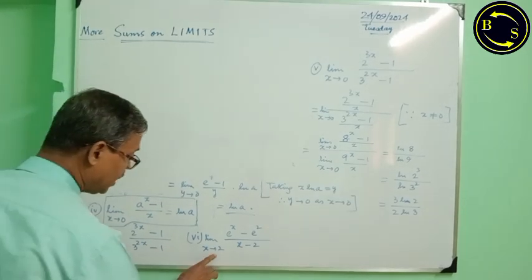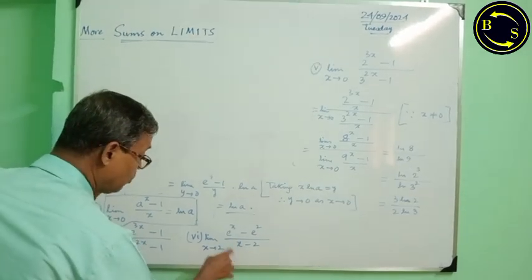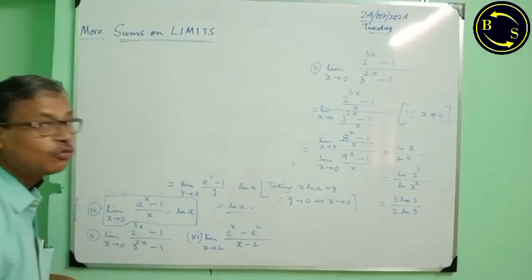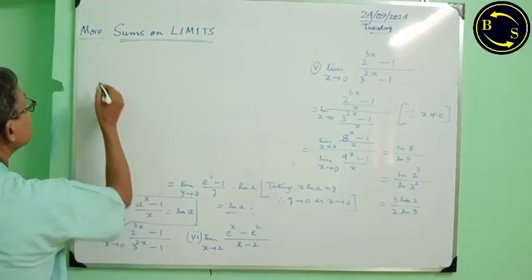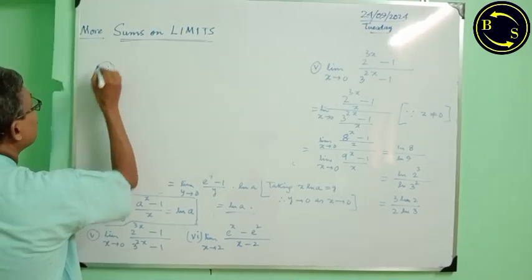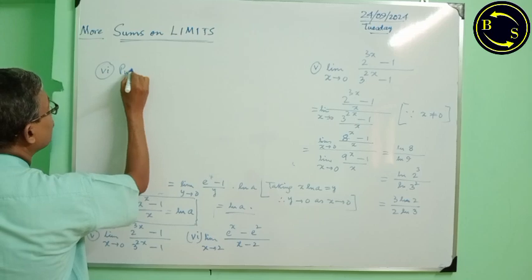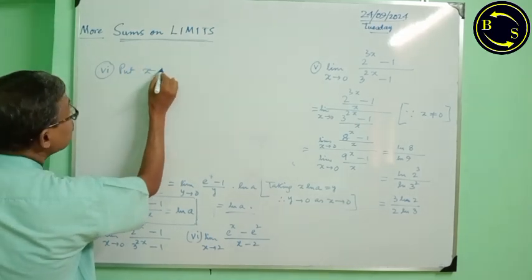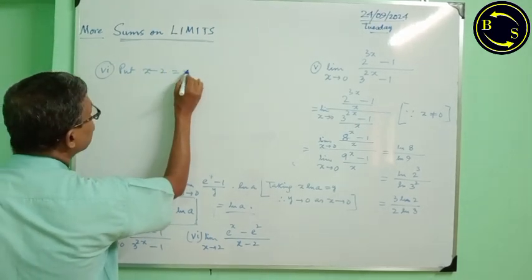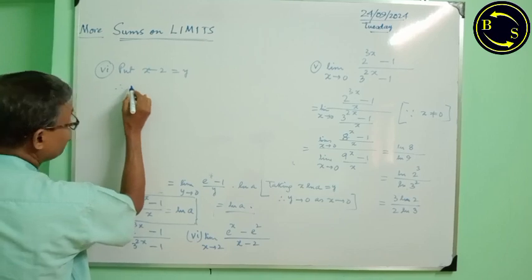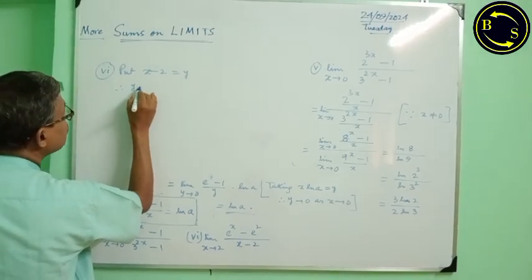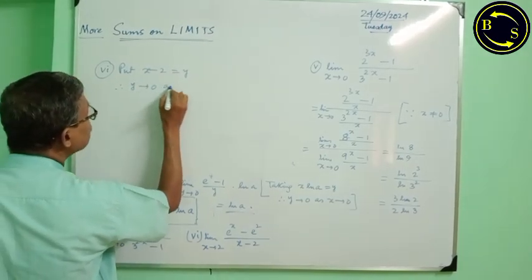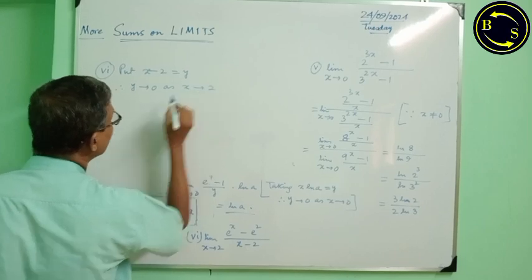Here I find x tends to 2, and at the denominator there is x minus 2. Therefore, we have to change the variable. Put x minus 2 equal to y. Therefore, y tends to 0 as x tends to 2.